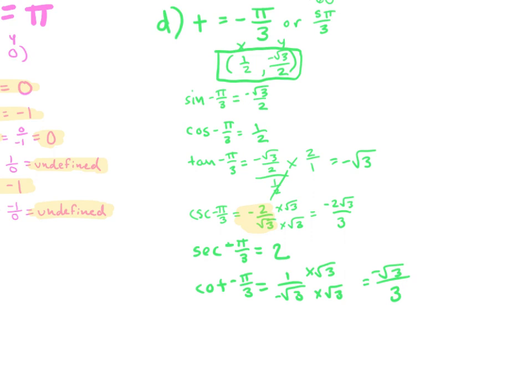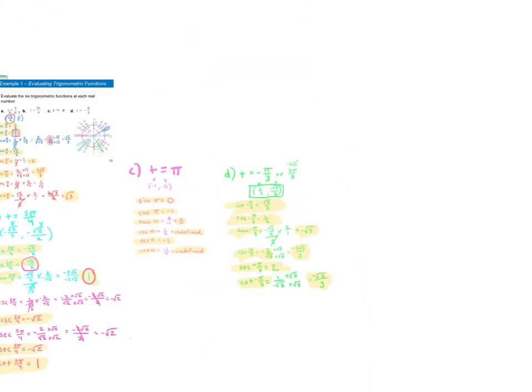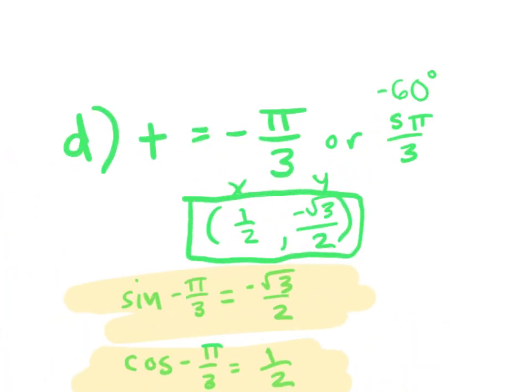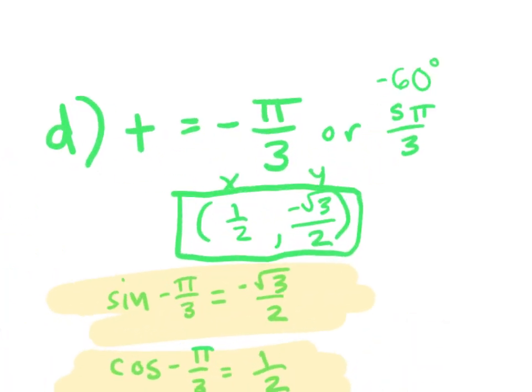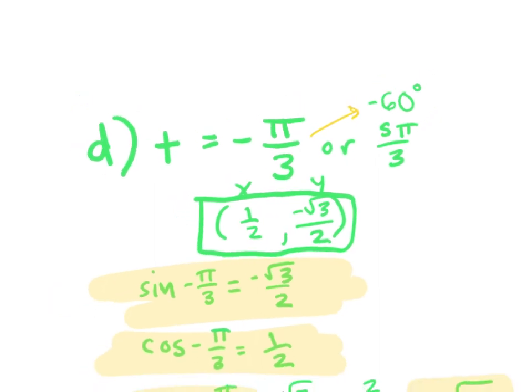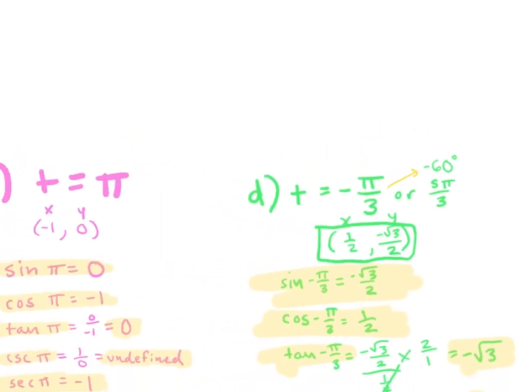Wait, how did you go from negative 60 to 300 again? Okay, I'll go back and explain that. You agree that negative pi over 3 is the same as negative 60? Yeah. I just changed it to degrees so we could see it a little bit better.